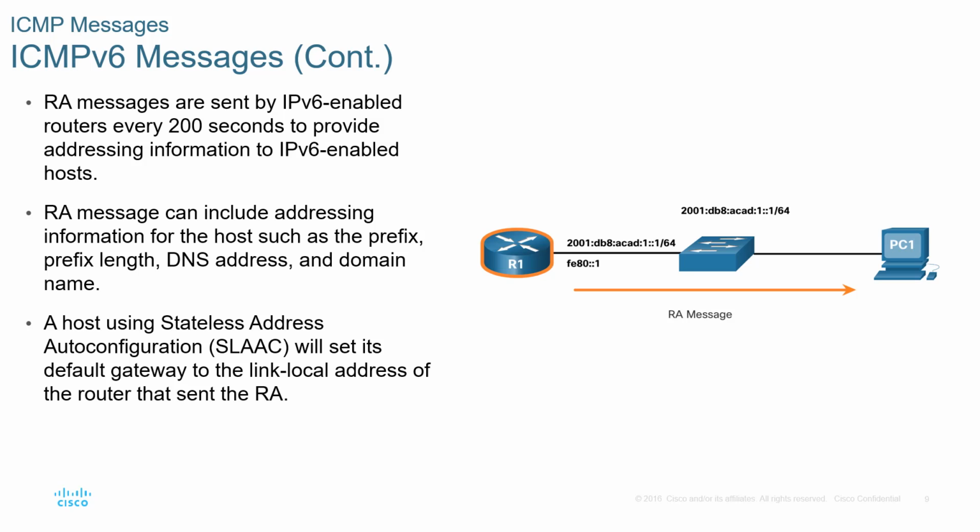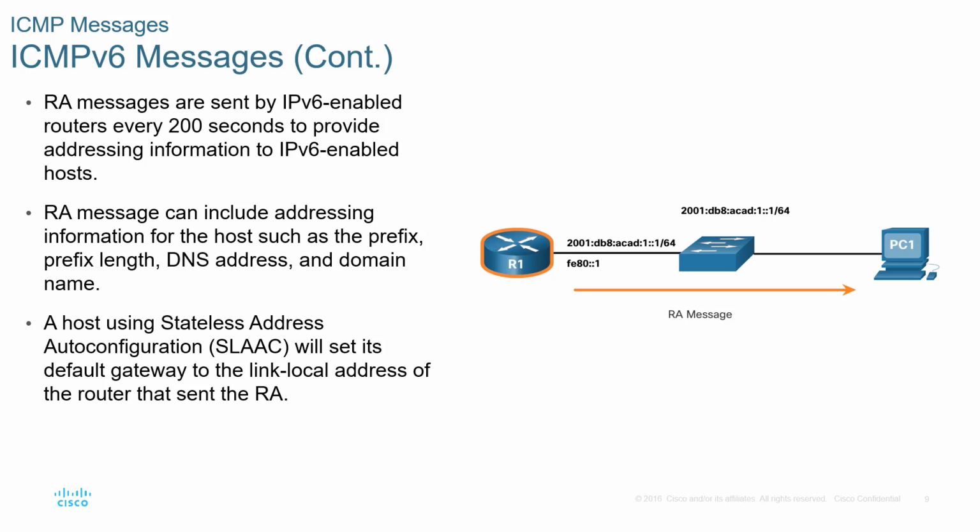A host that is using SLAAC, stateless address auto-configuration, will set its default gateway to the link local, not its global address, but the link local, typically an FE80 address, of the router. So here we have a global unicast address, a GUA. That's the 2001 address.